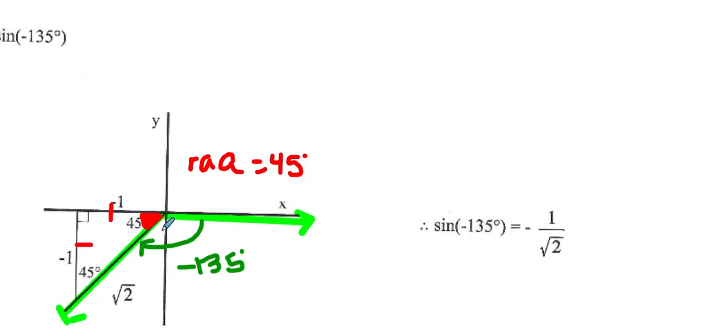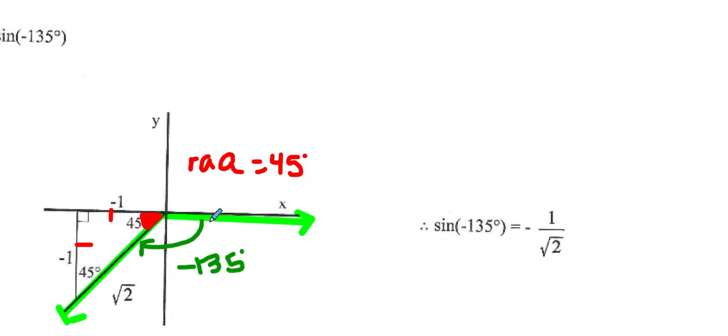So root 2 has to be here, and these two have to be 1 and 1. Now, in this case, they both have to be negative because we're in the third quadrant and all points in the third quadrant have both x and y values negative. So this has to be stated as a -1, and this is also a -1.